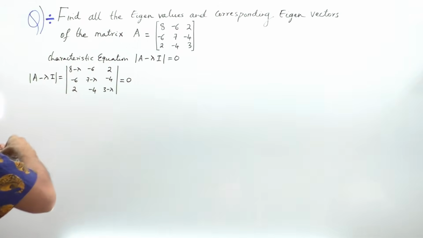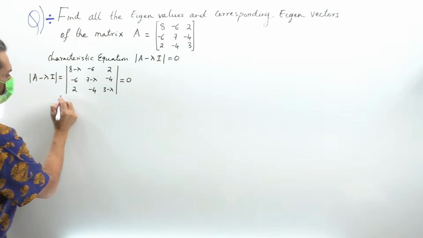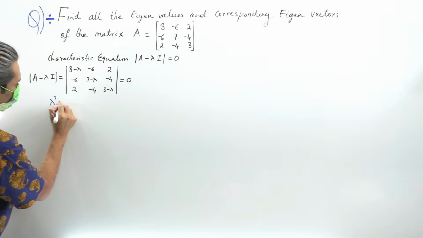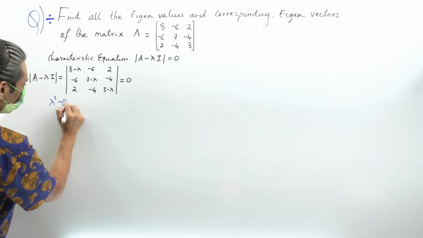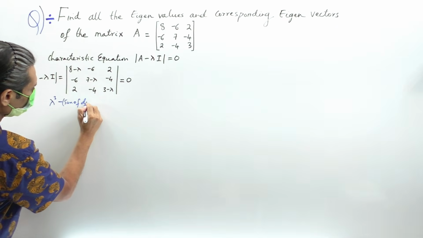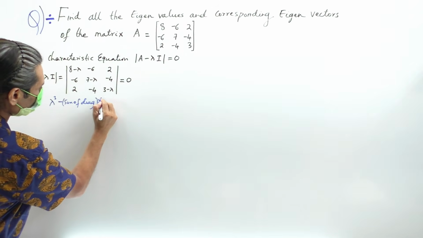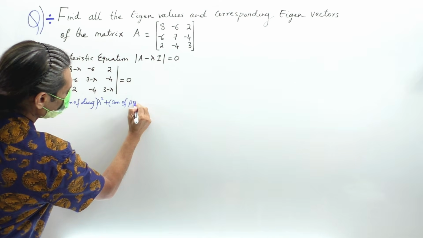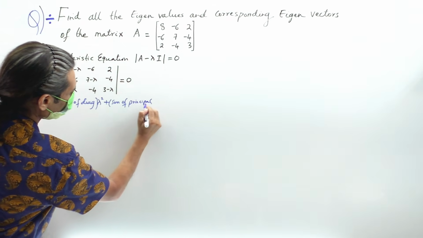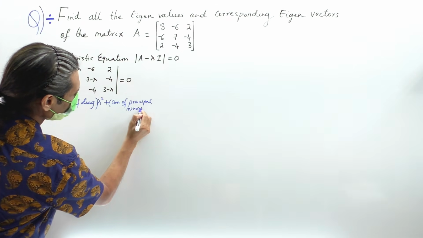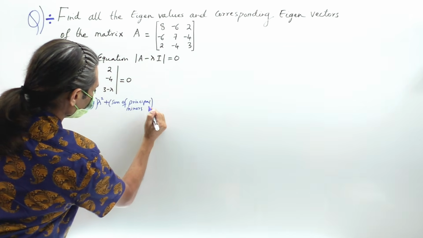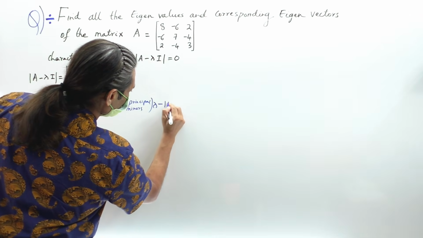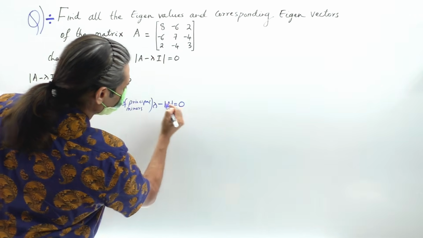For a 3 by 3 matrix, we write: lambda cube minus sum of diagonal into lambda square plus sum of principal minors into lambda minus determinant of A equals 0.